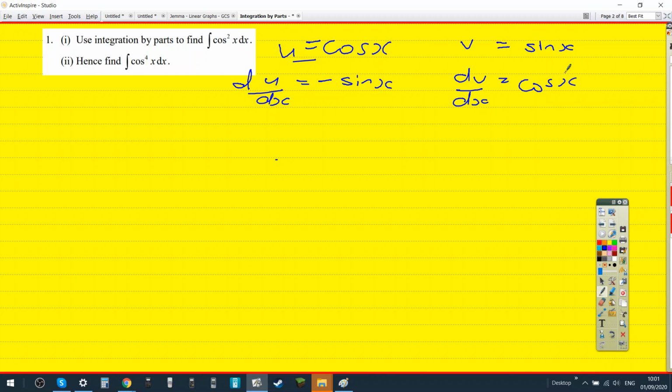Okay, so then you do the integral of cos squared x is equal to cos x times sine x minus sine x times minus the integral of sine x times minus sine x.